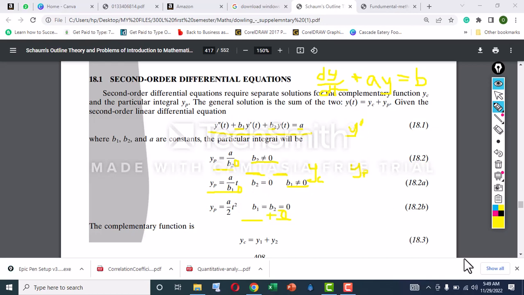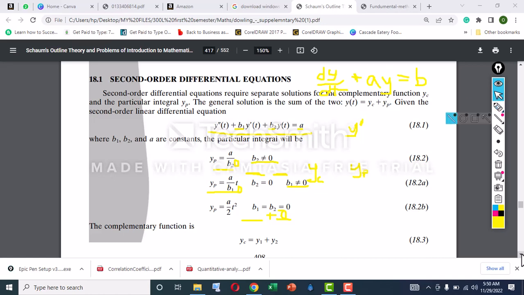So that is why we use a over 2t squared whenever b1 is equal to 0. So if b1 and b2 are equal to 0, we just use a over 2t squared. So that's what we are going to use for particular integral.